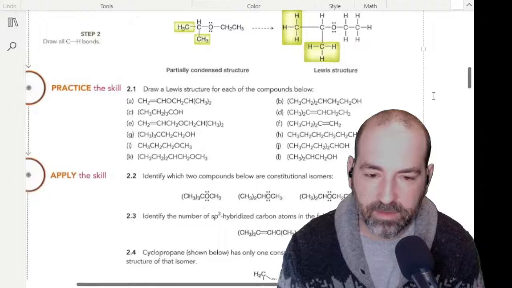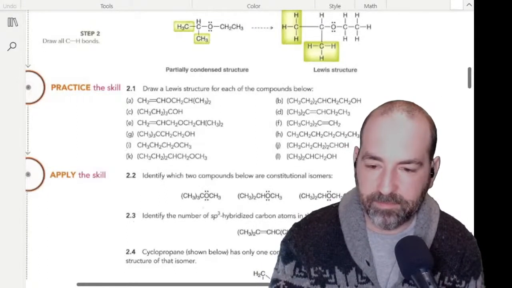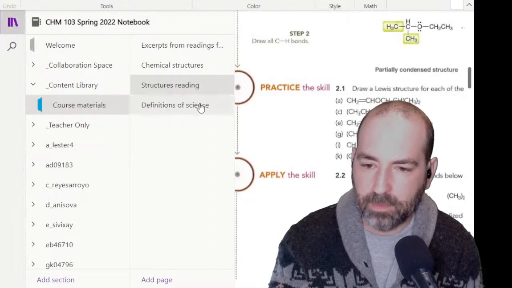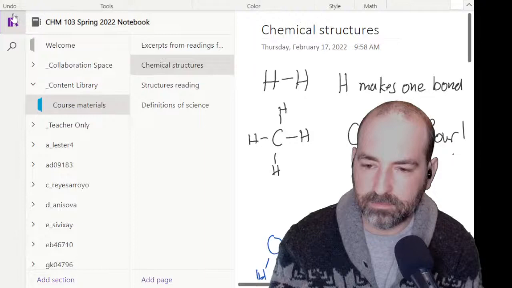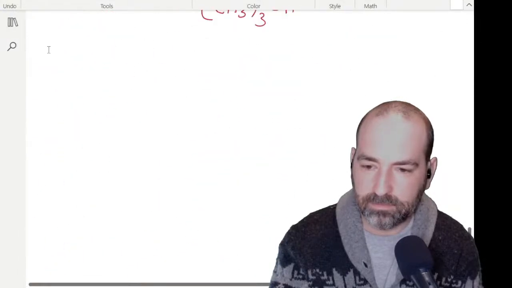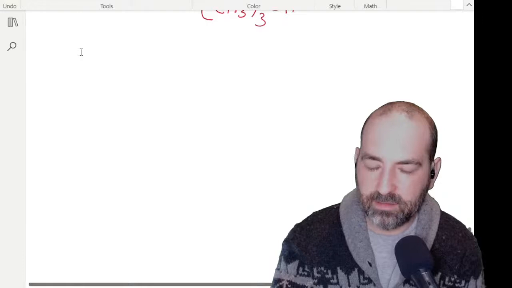Oh, it's going to make me take the whole thing. Okay. Let me try a different way here. I wonder if because I'm in the browser, I can't paste here.